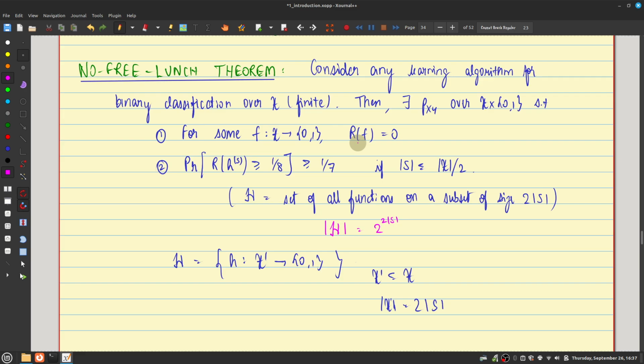But if R of f is equal to 0, this particular statement means that Y is a deterministic function of X, over all X with positive probability. This mapping from X to Y is deterministic with probability 1, right? This happens.